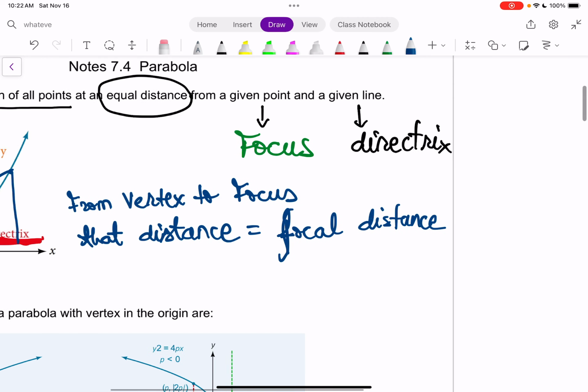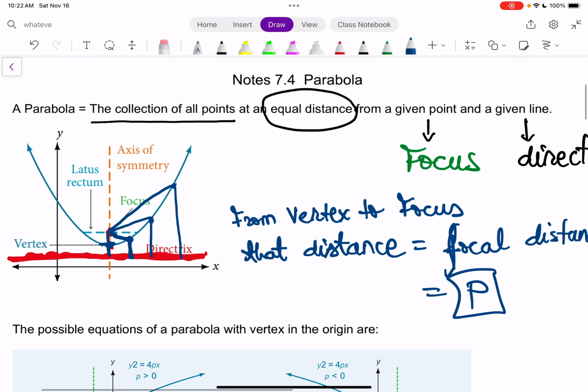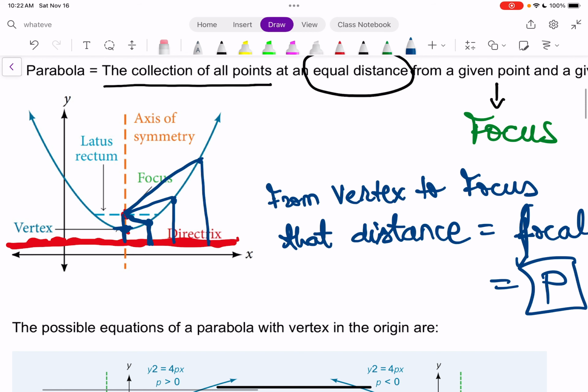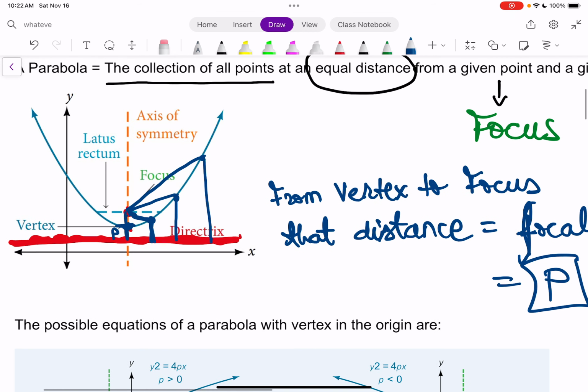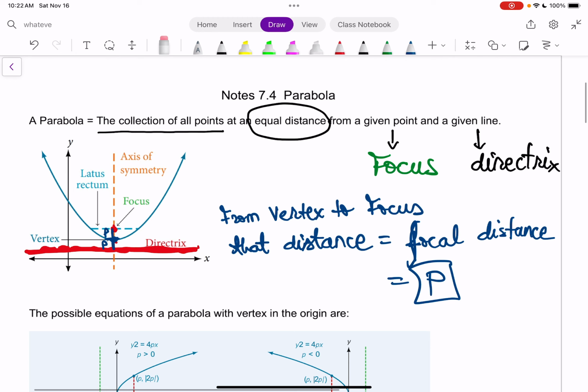And it's going to be extremely important in the equations we're going to describe. We call that distance p. So all the way from here to here is a little p, and all the way from here to here is a little p. Okay, let me take the rest of it away. Okay, so that's what a parabola is.